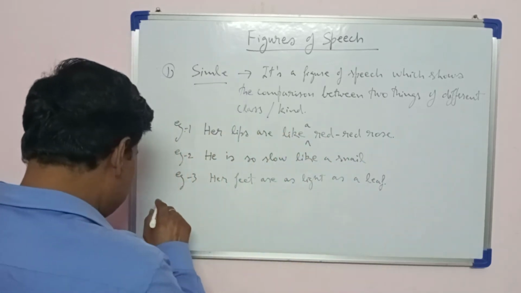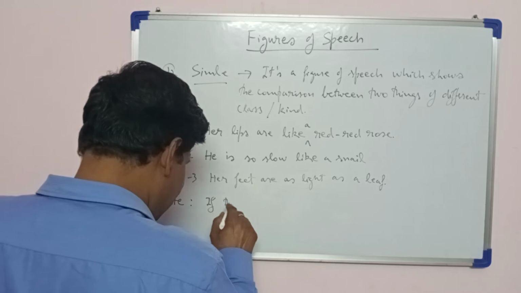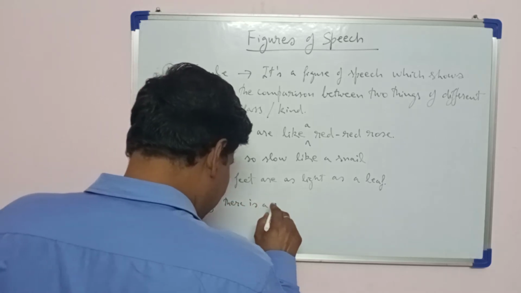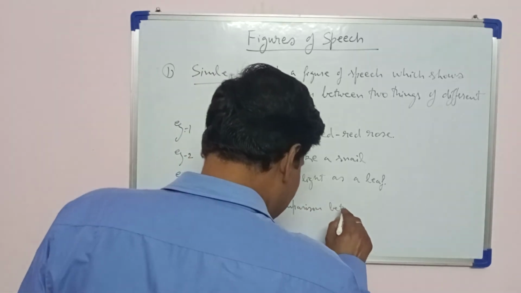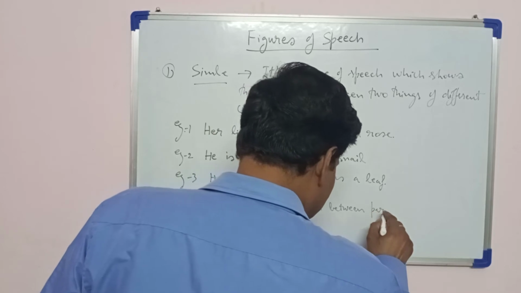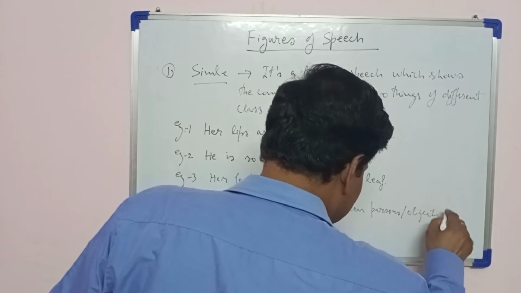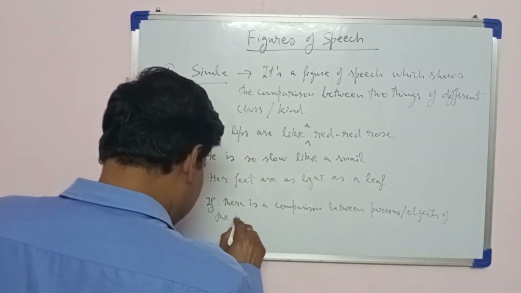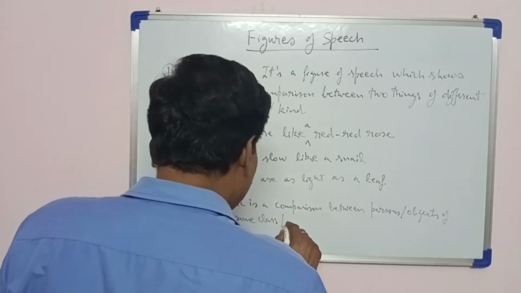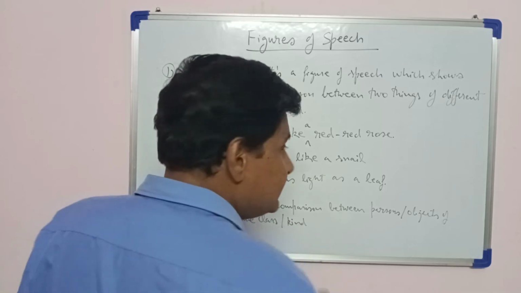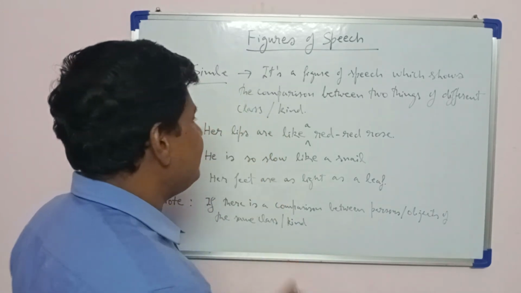So here you write a note. If there is a comparison between persons or objects of the same class, or we can say same class or kind, then there would be no comparison like that happens in simile.